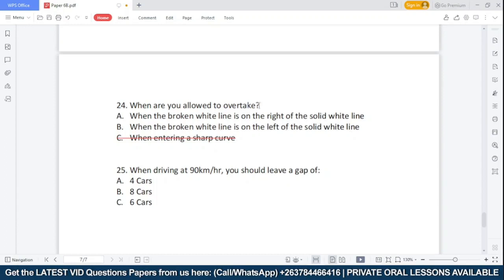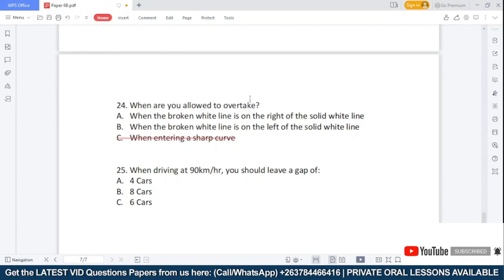So we have two lines here, and you can imagine ourselves moving in the left lane, and the white solid line and the white broken line are at the center of the road.